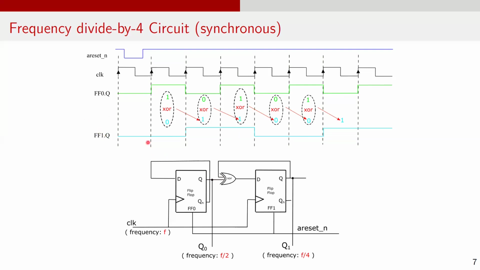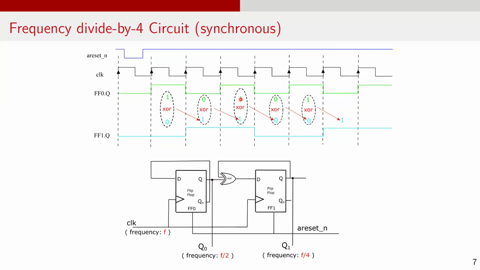If we examine the signal ff1q, which is toggling at the frequency of F over 4, we notice that the updated value at the next rising edge of the clock is given by ff0q XORed with ff1q. For example, when ff0q is 1 and ff1q is 0, the XOR of these two values is 1 and hence ff1q will be updated to 1 at the next rising edge.